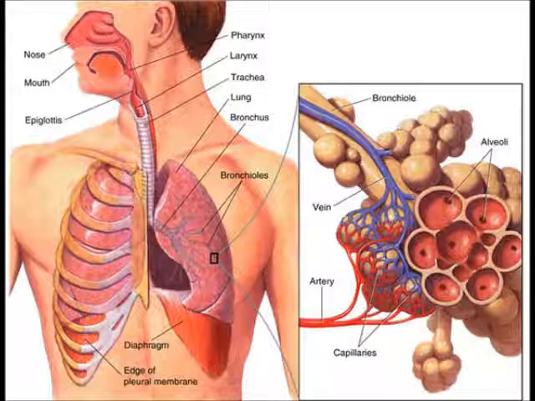How do I plot this curve? If this is pressure and this is volume, for this unit of pressure, I got this much volume, right? And for this unit of pressure, I got this much volume. And this unit of pressure, I got this much volume. And then I connect the dots. Right? Okay.